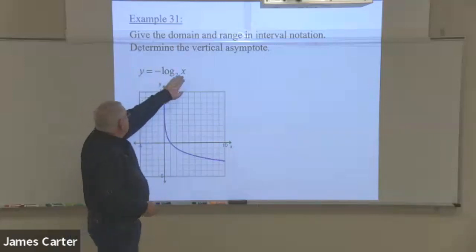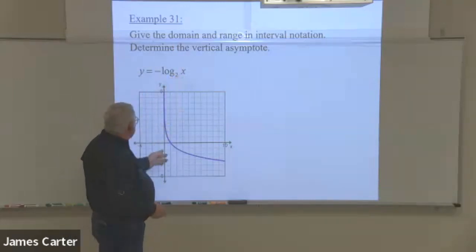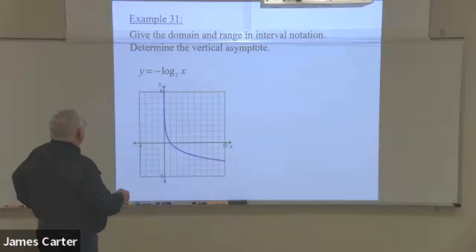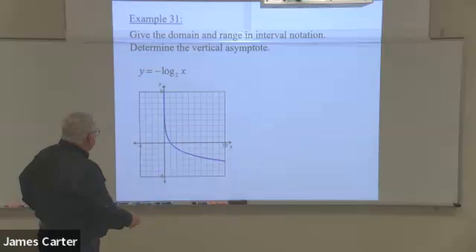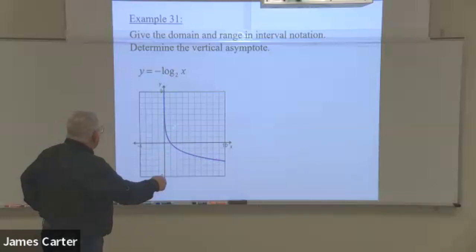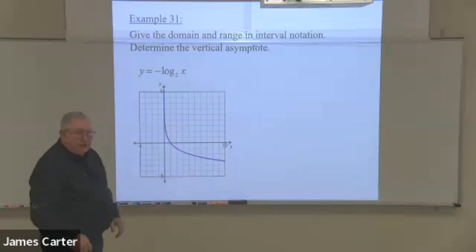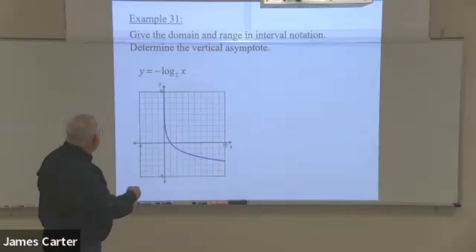Okay, this time there's no modifier. So my vertical asymptote is naturally the y-axis. There is a negative out front. That's why this thing is going in a decaying direction rather than a growth direction.